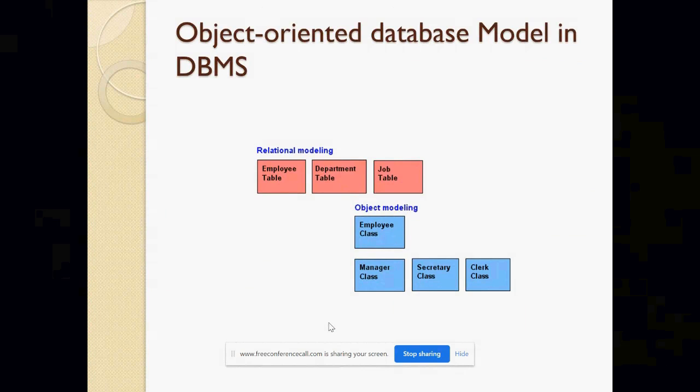Again, the department will be made as one class. And according to it, the department of the manager, the department of the secretary, and clerk will be their tables. So this way we can see that the classification is object-oriented based on the objects which are present in a class. They are further classified.